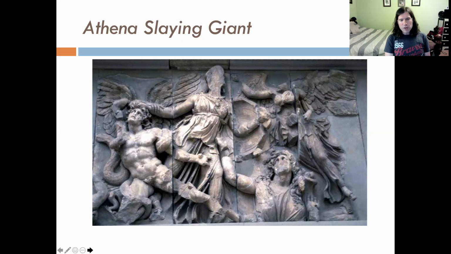And what I want you to really note here is, first of all, how busy the composition is. There is a lot going on here. There's lots of detail, and there's lots of suggested motion. One of the ways the illusion of motion is created is with all those diagonal lines you can see most dramatically with the leg of Alcyoneus.